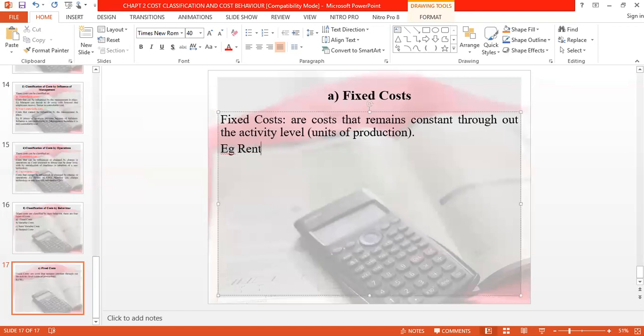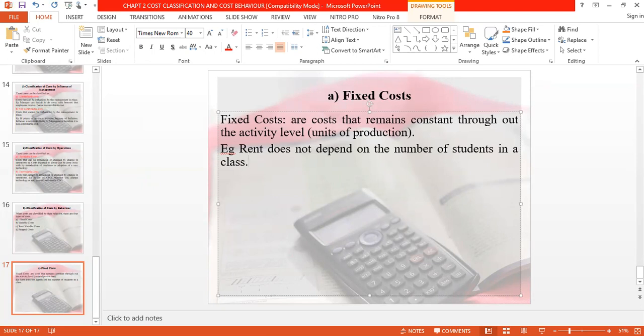E.g., rent does not depend on the number of students in a class. So if the rent is paid a fixed amount per month, maybe 1 million per month, it does not depend on the number of students.